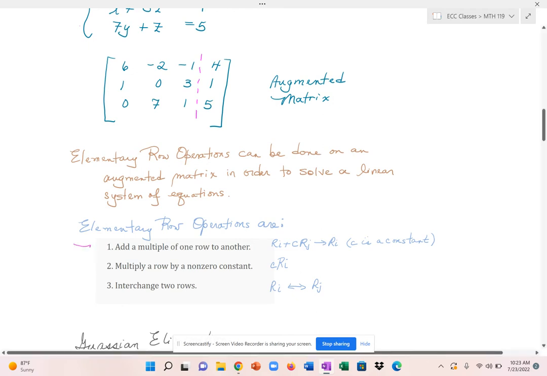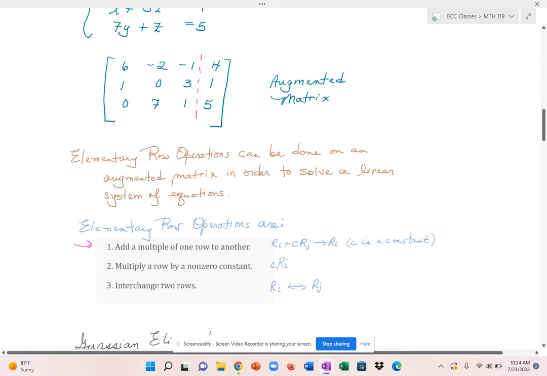And this here, if I wanted to add one row to another, this is saying that I'm going to add row j to row i, but I'm going to multiply row j by a constant in order to come up with a new row i. Okay, so the number here will tell you which row you are manipulating.